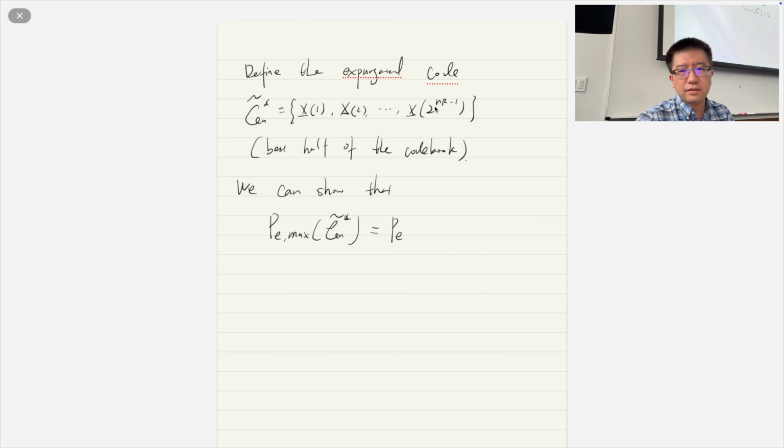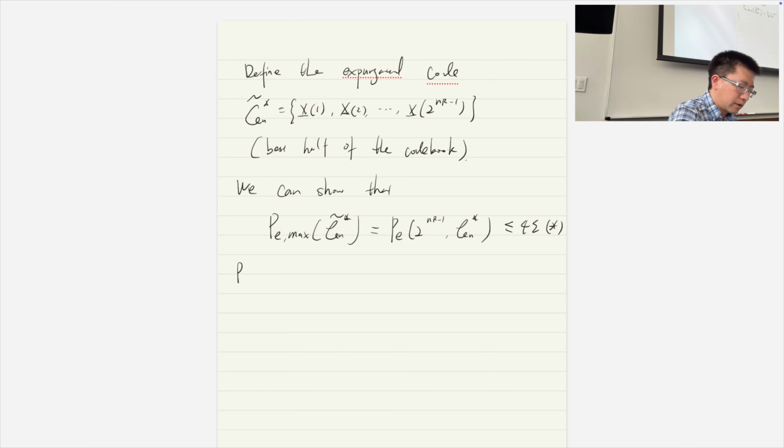The probability of error for index 2 to the nR minus 1 is the largest error probability, and we can show that it is less than or equal to 4 epsilon. We denote this inequality as star, and now let's see how we can prove it.